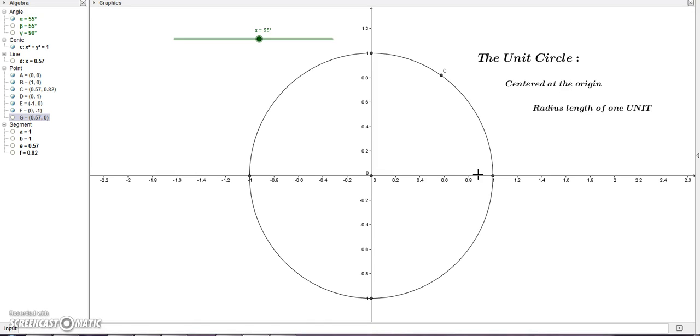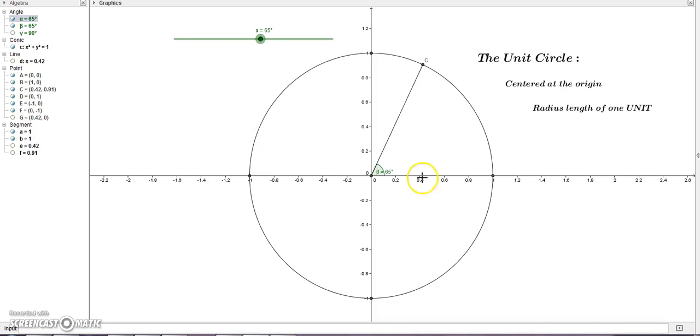So what we commonly use unit circles for is to help us better understand or visualize angles. So what I'm going to do is show you some angles. And you can see here that my slider controls that angle, moving along the circle.